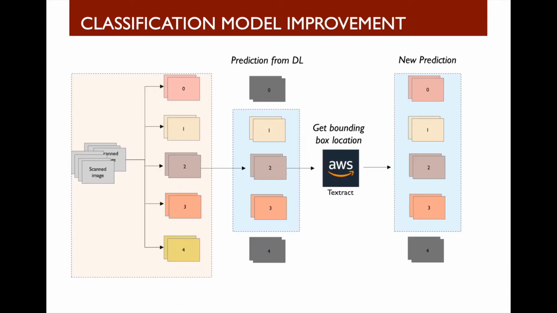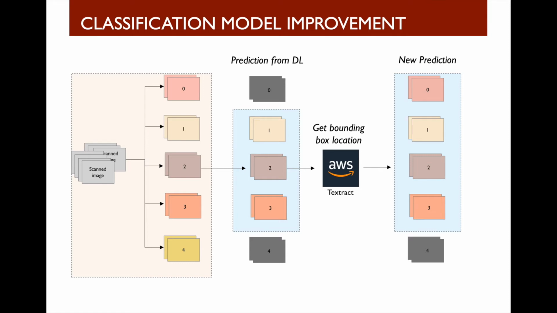Testing on 5 different image types, we were able to correctly predict 3 image types, which were 1, 2, and 3, and we were not able to correctly predict 0 and 4 because of the low sample size.